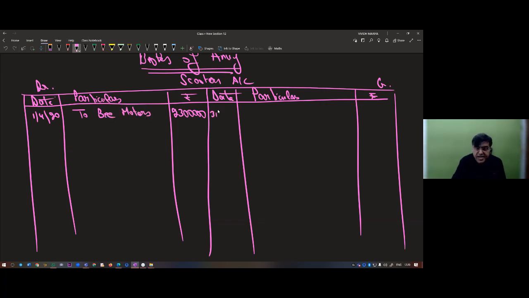At the year end, 31st March 21, by depreciation, 23 lakhs into 20%.